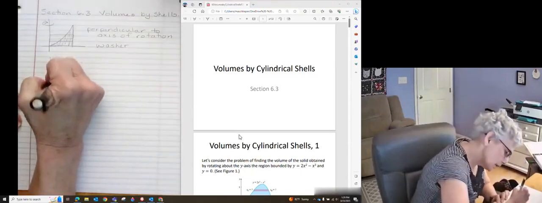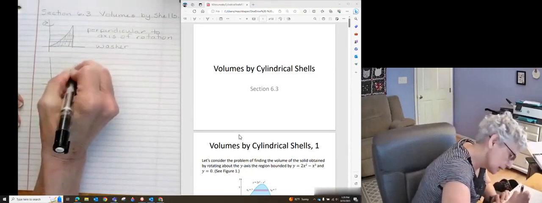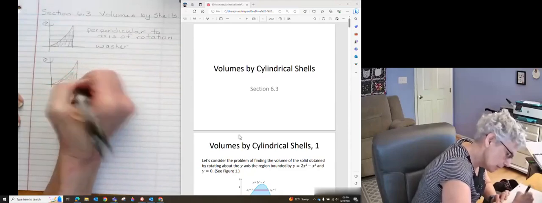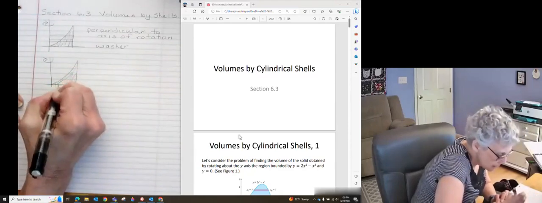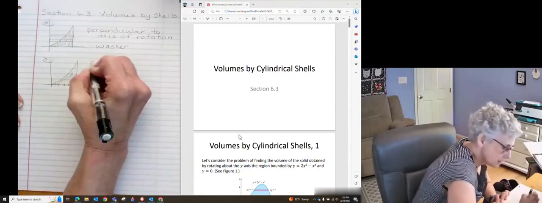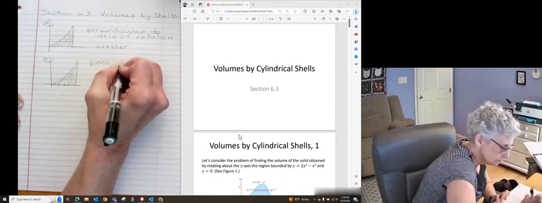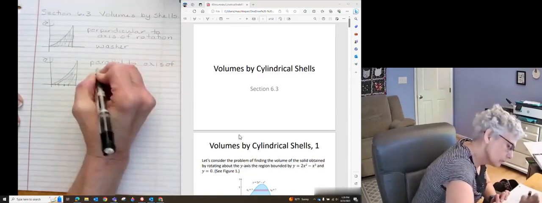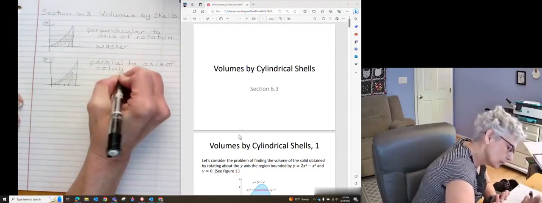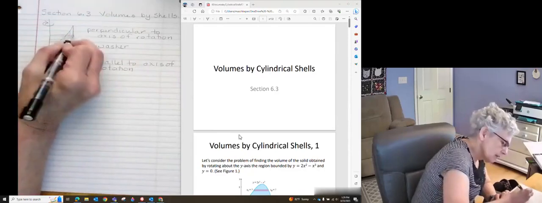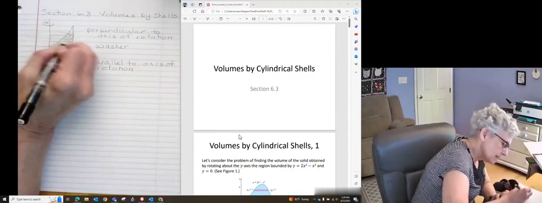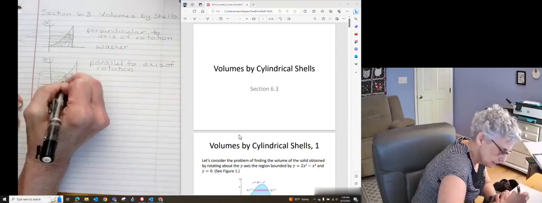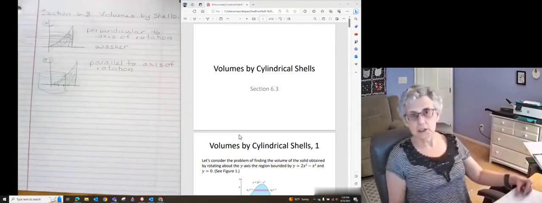Well, this time instead, let's look at the same region that I just made up here. I'm going to make my slices parallel to the axis of rotation. So instead of having a bunch of little flat discs, I'm going to have a bunch of cylinders.